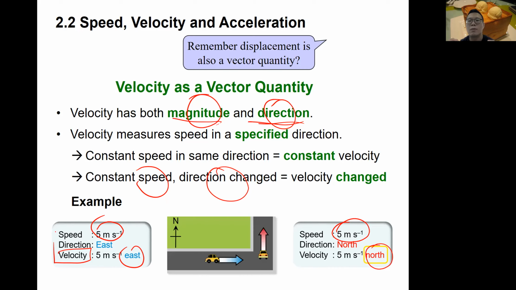With the change in direction, I will say that the velocity of the car has changed. Another word we like to use is constant. If the direction and the magnitude remain the same, we have constant velocity, or uniform velocity.